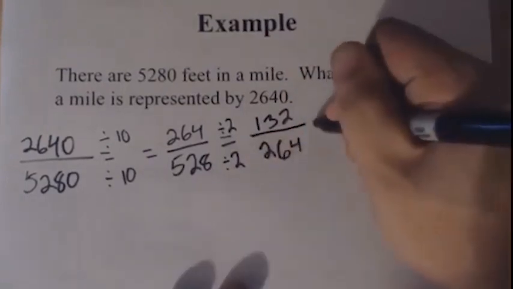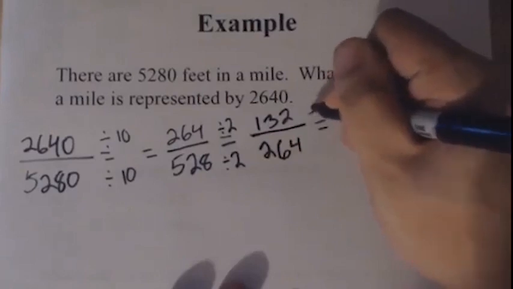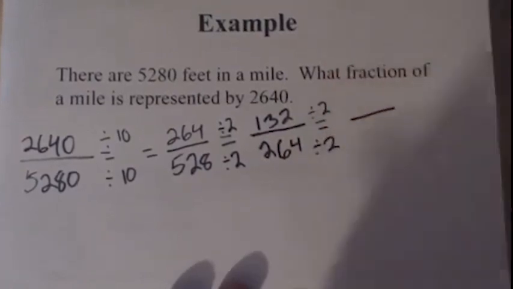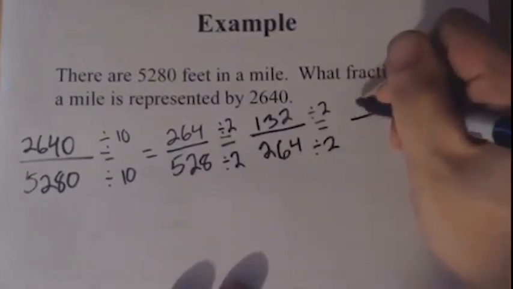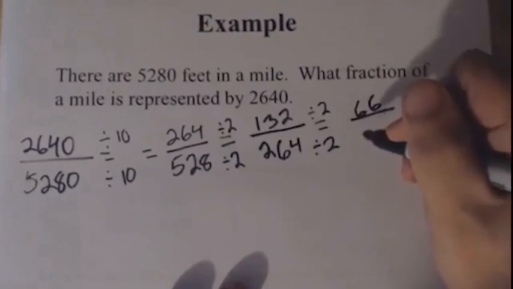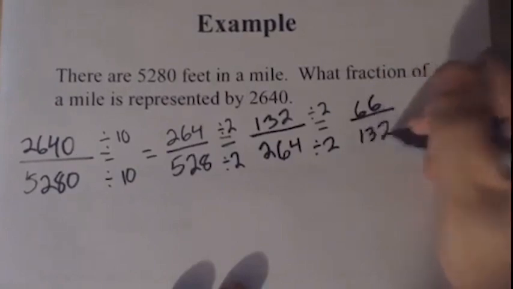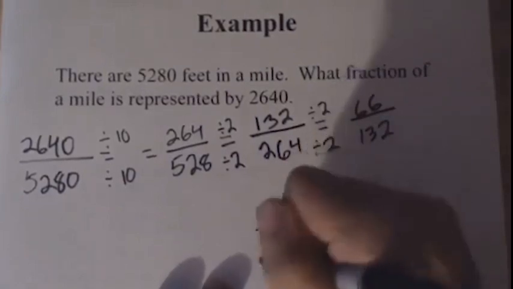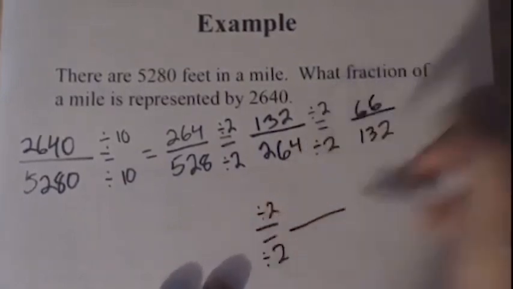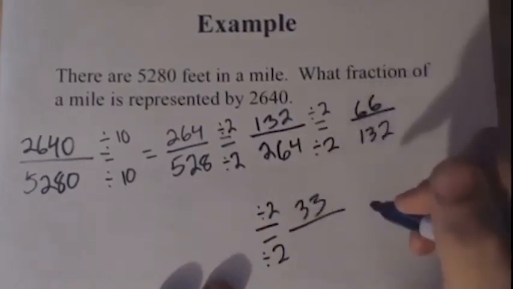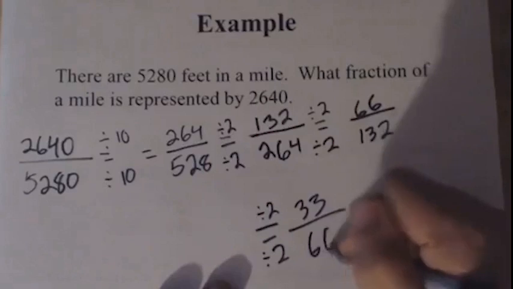And both of those are still even. So let's divide by 2 again. 66 over 132. And guess what? They're both even, so let's divide by 2 again. 33 and 66.